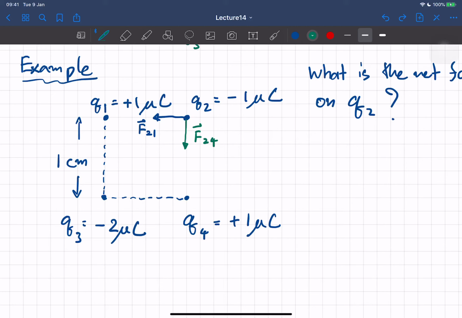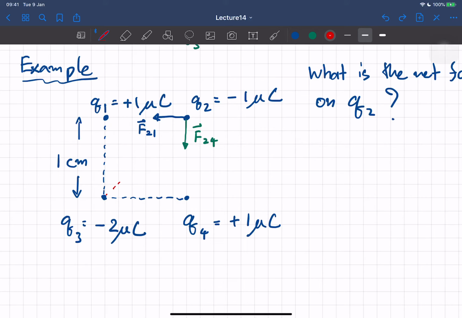Are we done here? No, because we also need this pair. Q2 and Q3, now this is something different. They have the same sign, which is negative. So they repel each other. And they repel each other along the line joining the 2 charges together, 2 and 3. So along this red line.